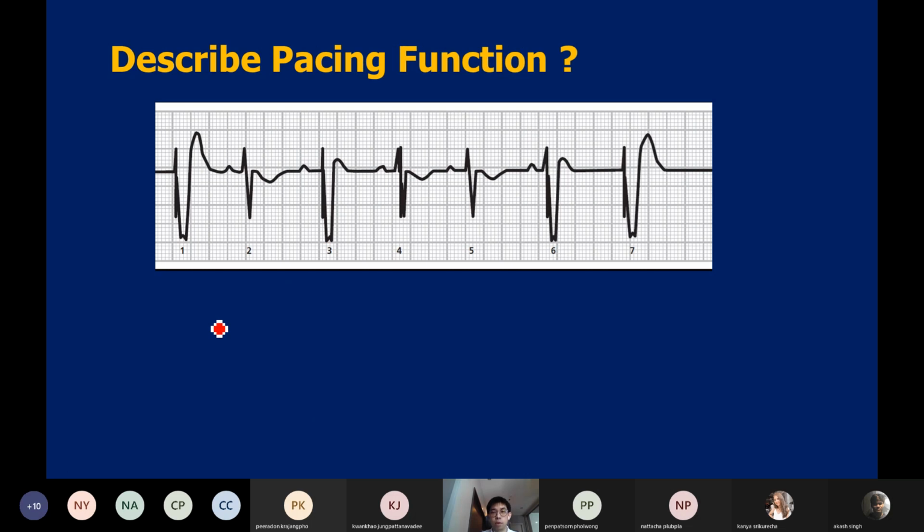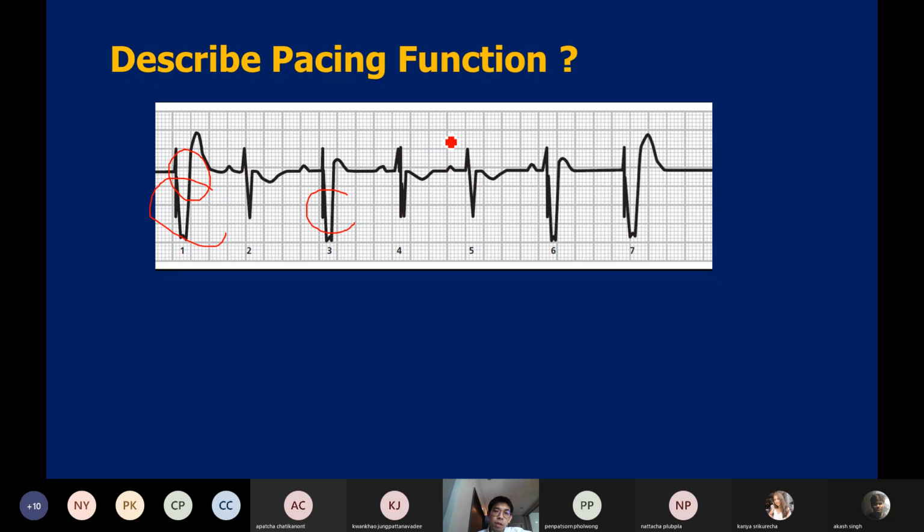What about this one? What do you see? I think it is capture. You see it's capture, right? Here is capture. But why is the QRS complex morphology different between this one and this one?